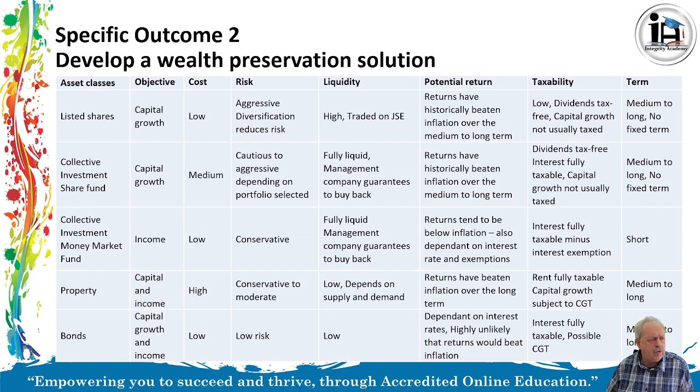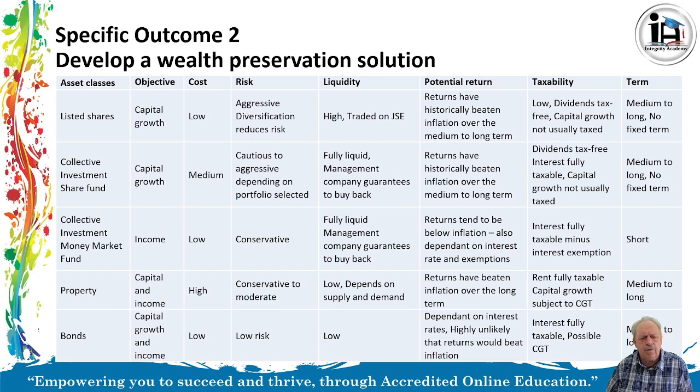Here we've given you the asset classes: listed shares, collective investments in money market funds, property, and bonds. What is the objective of that specific asset class? What's the cost? What's the risk? The liquidity, potential return, the taxability. I'm not going to read through everything. And then obviously the term of the investment. Where does it fit in?